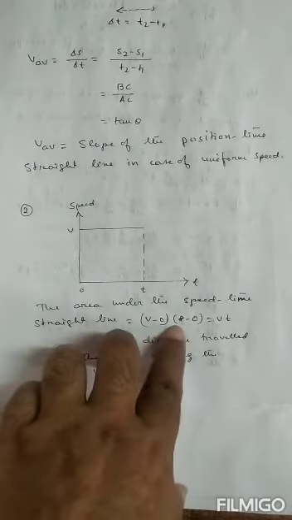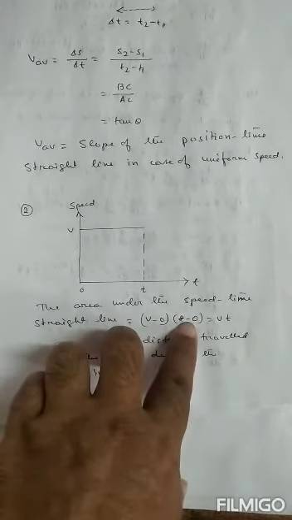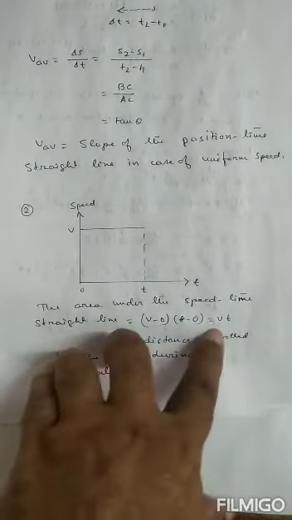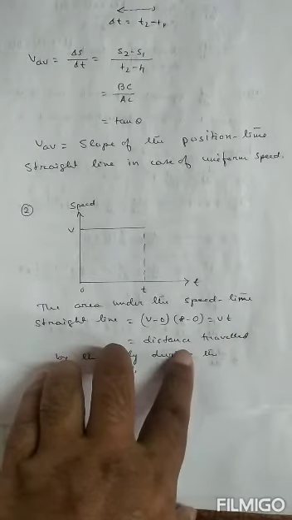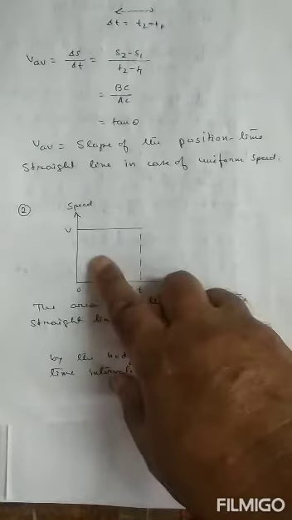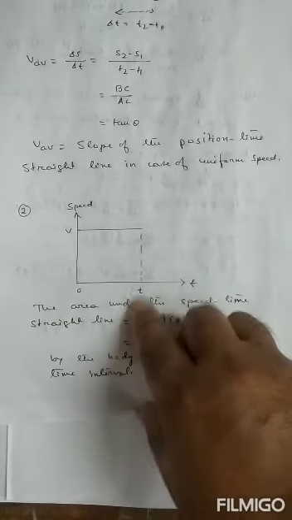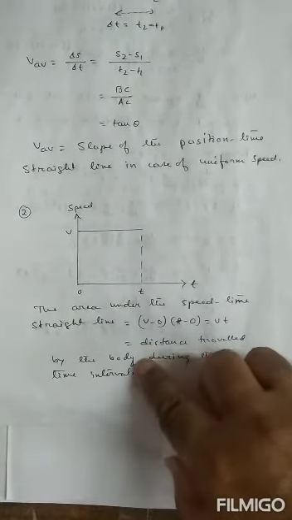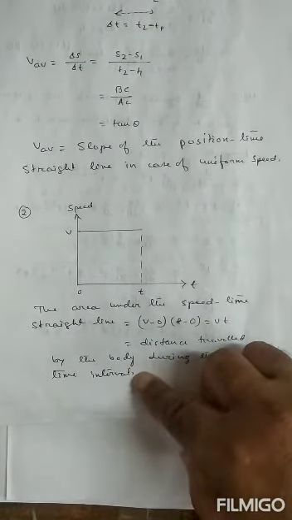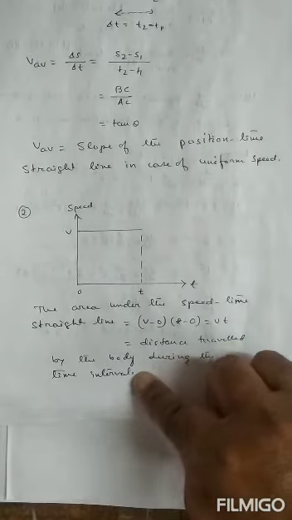So v minus 0 into t minus 0, so vt. So speed into time gives us the distance travelled by the body. Therefore, the area under the speed-time graph gives us the distance travelled by the body.